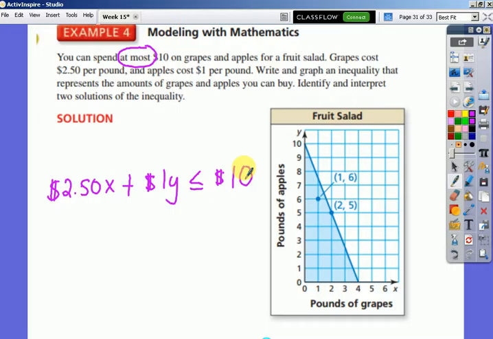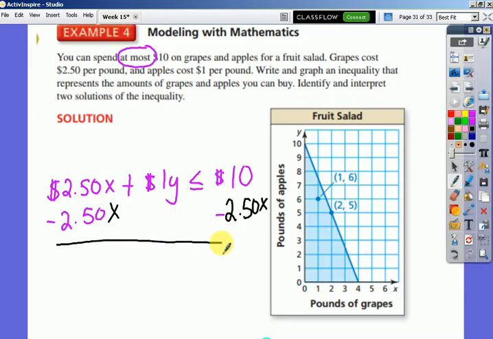So we simply have to isolate the variable y by subtracting 2.50 and subtracting 2.50x. When we do that, we get y is less than or equal to negative 2.50x plus 10.